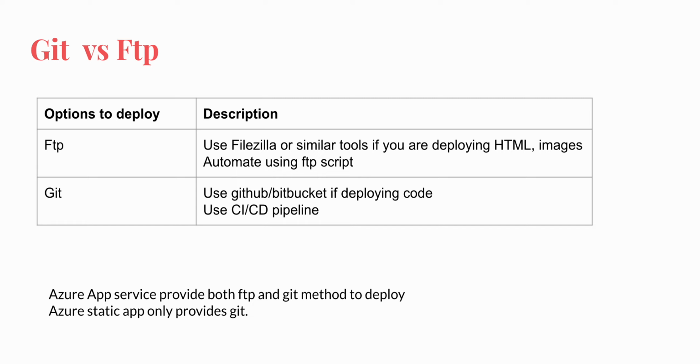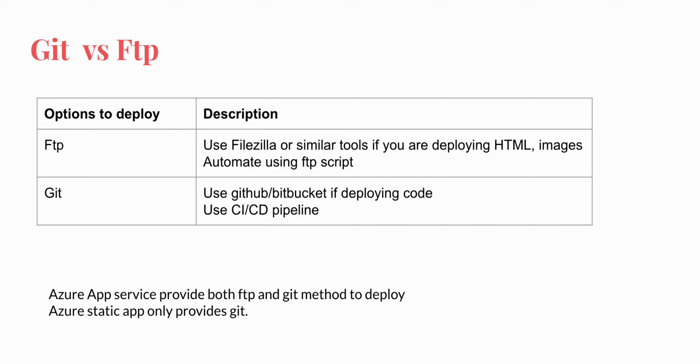Both methods work. Sometimes even if you are using React, you may be able to generate an HTML file or your public file, and you can push it through FTP. So both methods work, but this is my personal recommendation: use FTP for HTML files and use Git wherever you need to use source code.